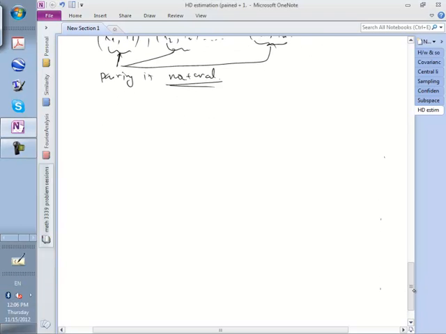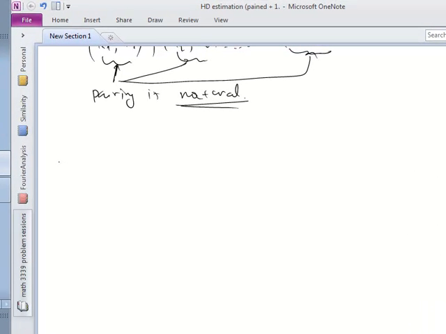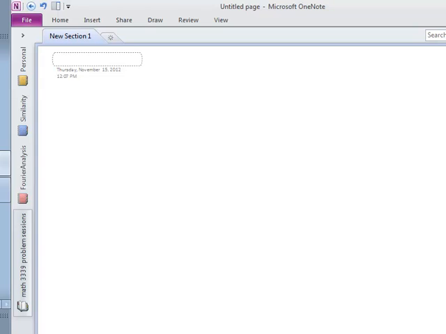Okay, so here I am in hypothesis testing. A simple view of the problem renders the following.